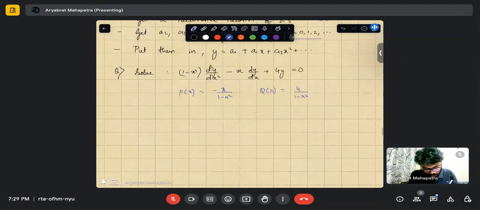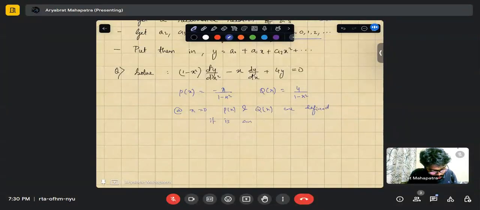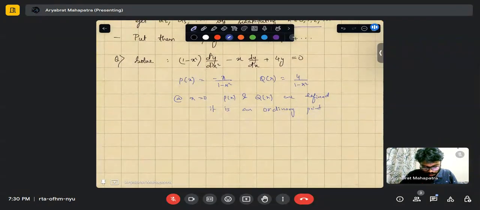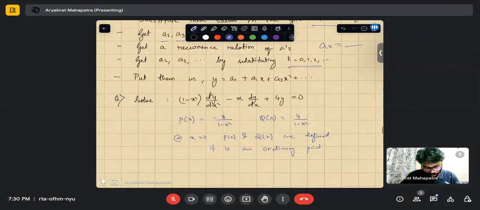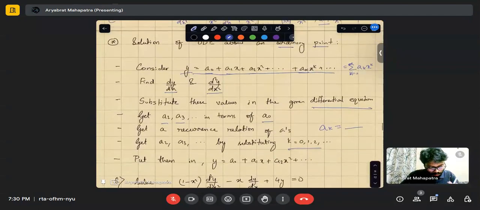In both cases, you will see that at x equals 0, both are analytic, p of x and q of x are defined, so it is an ordinary point. When you try to solve this differential equation for the case when you have an ordinary point, you adopt this process.